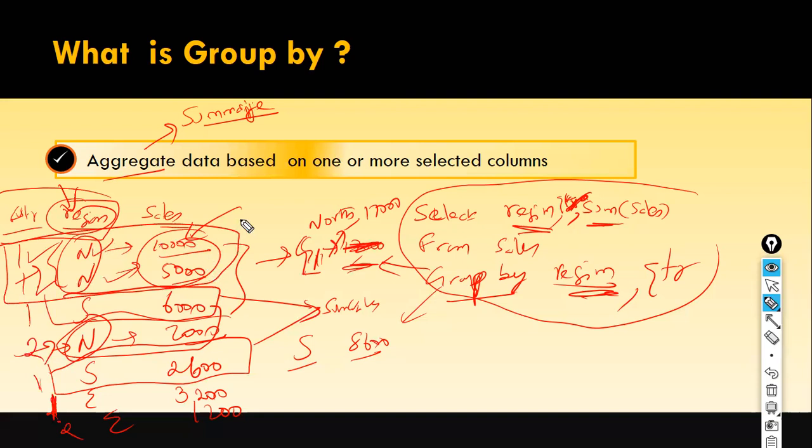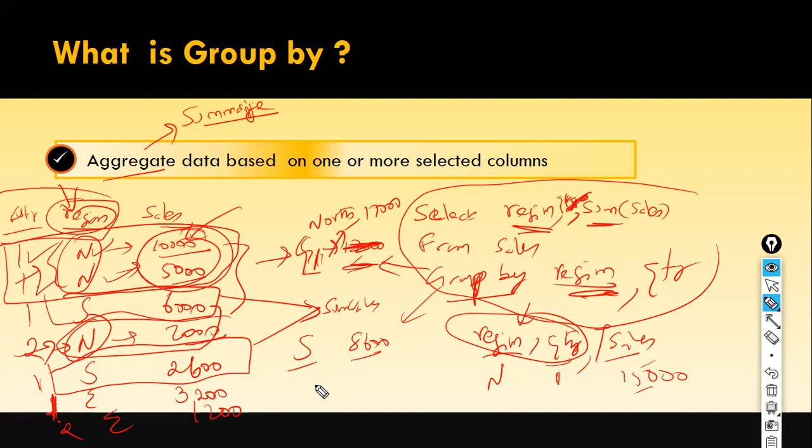So 10,000 plus 5,000. Your output will be something like this. If you execute the above query, what will you get? Region, comma, quarter, and then sales, or total sales. Let's say total sales. This is the output. Since you have performed the group by based on the combination of these two columns, here you will find north and quarter one, and the sales is 10,000 plus 5,000, 15,000. And the next one is south, and you have another north record, but this falls in the second quarter.